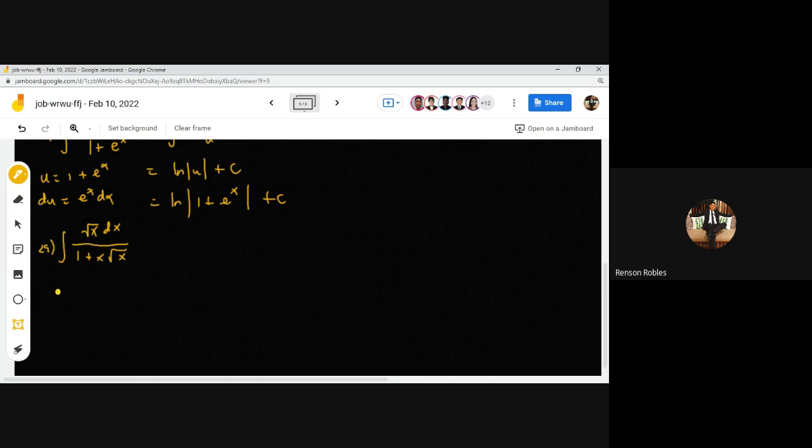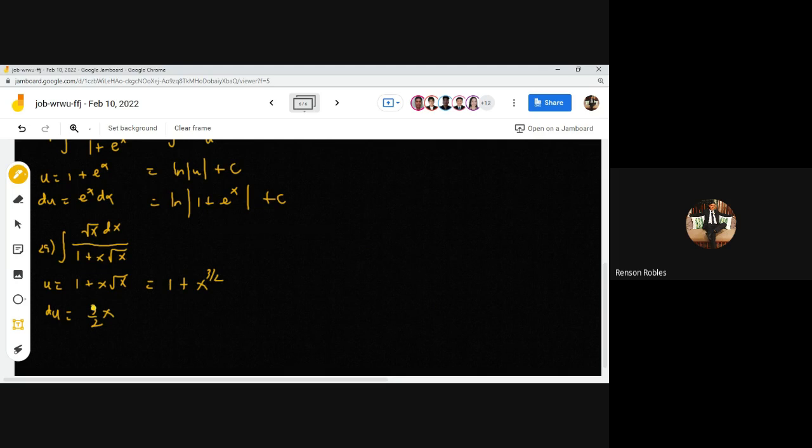So we let u be equal to 1 plus x square root of x. Now, if you were not able to avoid the derivative of a product, you can just simplify this as 1 plus x raised to 3 halves. That's x raised to 1 times x raised to 1 half; you add the powers. And then you differentiate.